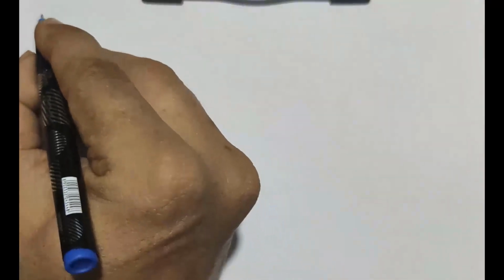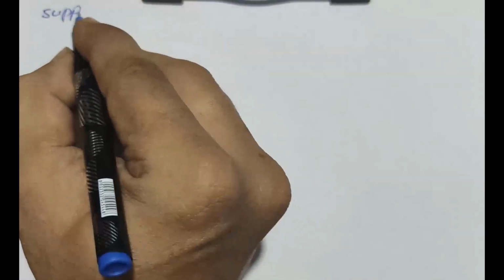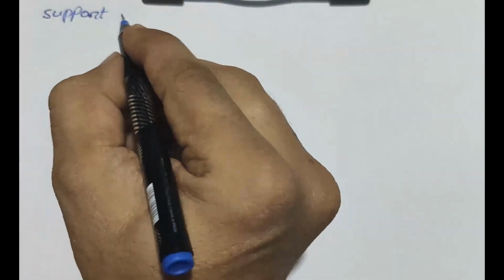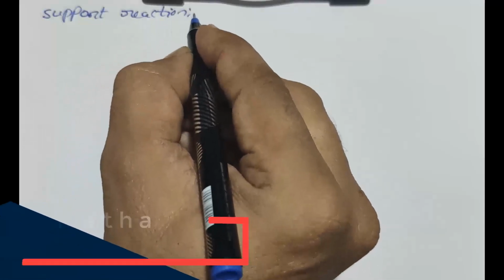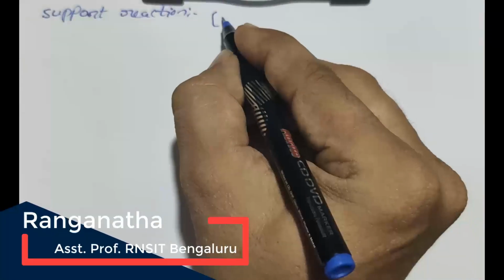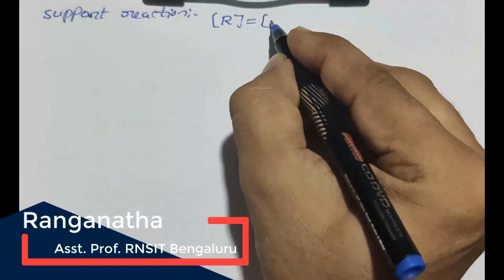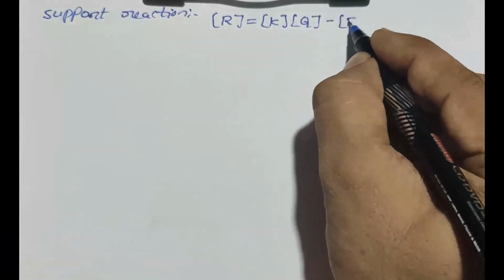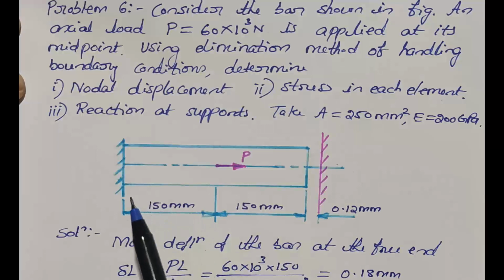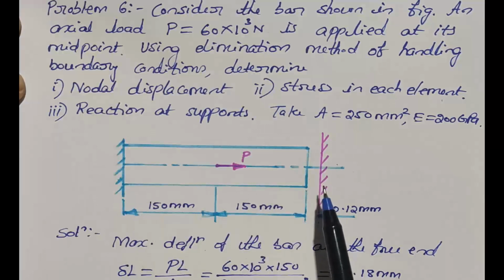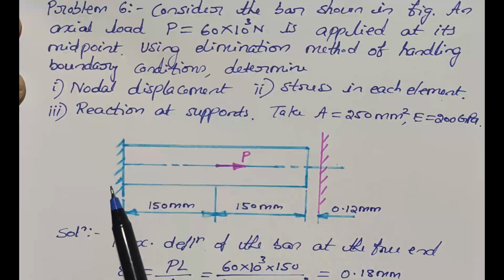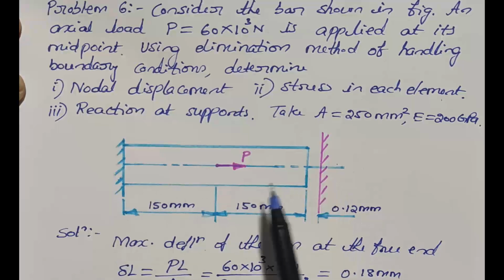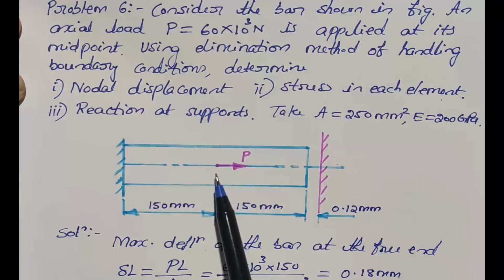Next is support reaction. We have the formula: support reaction R is equal to K into Q minus F. See the figure, here we have supports at both ends, therefore we have to find R1 and R3. At node number 2 we don't have any support, so there is no need to calculate R2. Even if we calculate R2, it will be equal to 0.